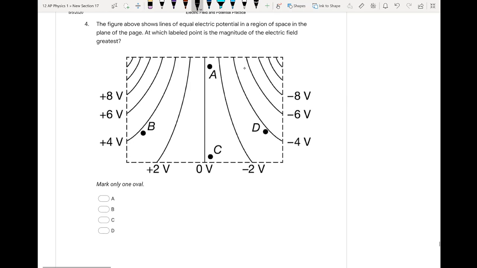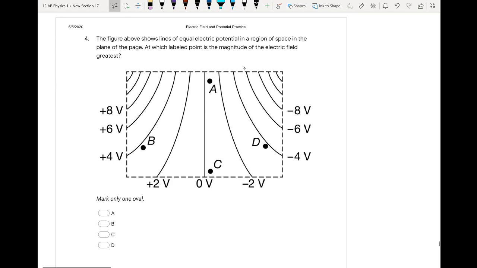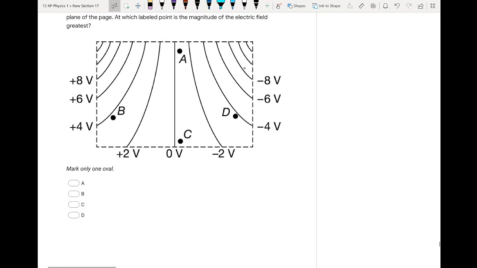All right, with this one, the figure below shows lines of equal electric potential in a region of space in the plane of the page. At which labeled point is the magnitude of the electric field the greatest? When we're looking at this, we can think about these as topographic maps.